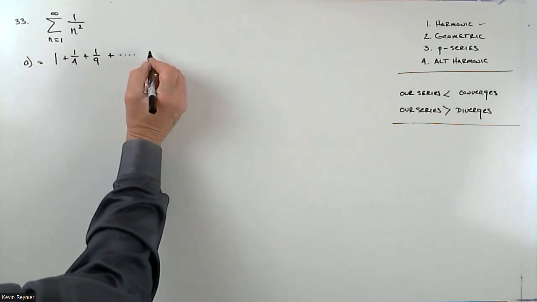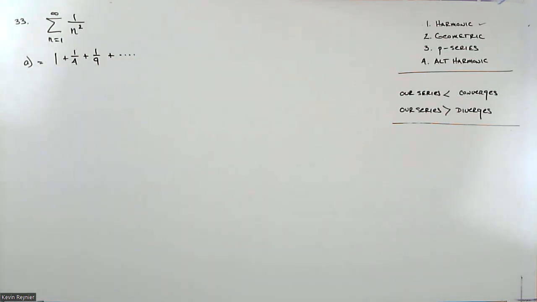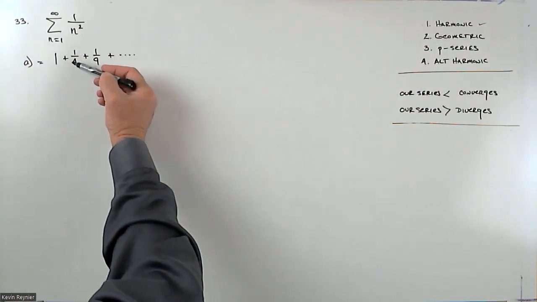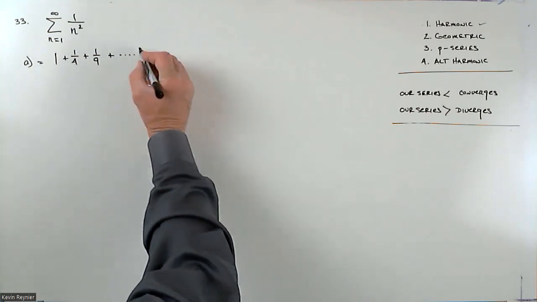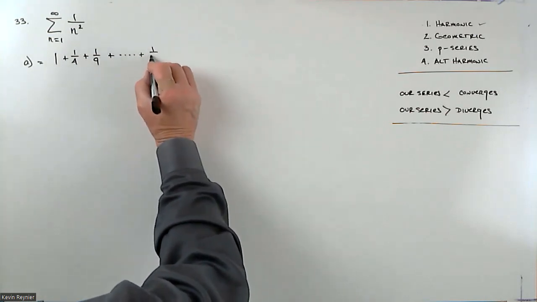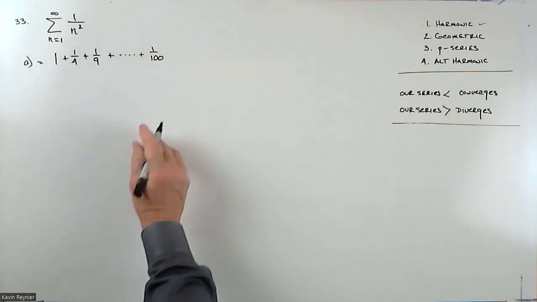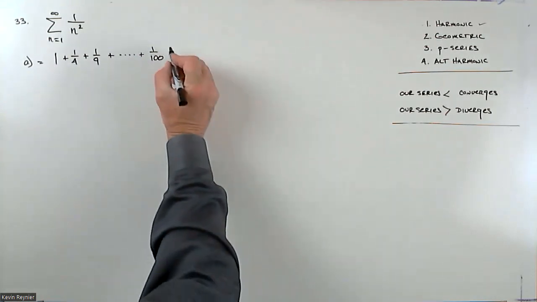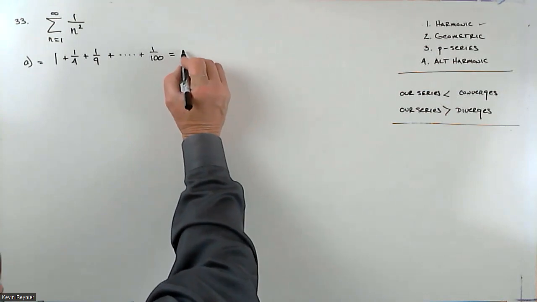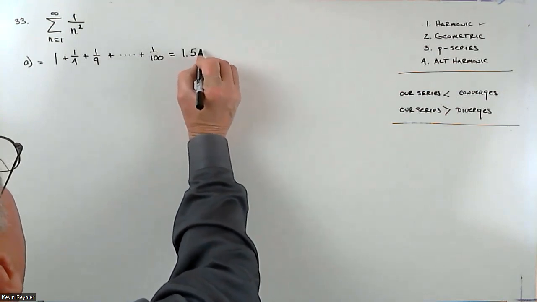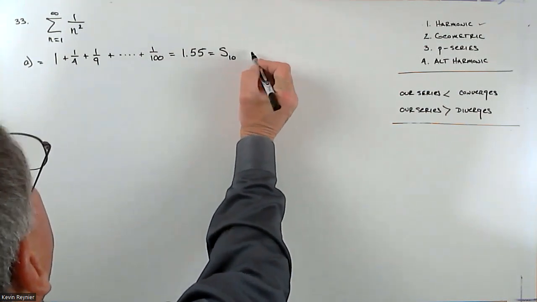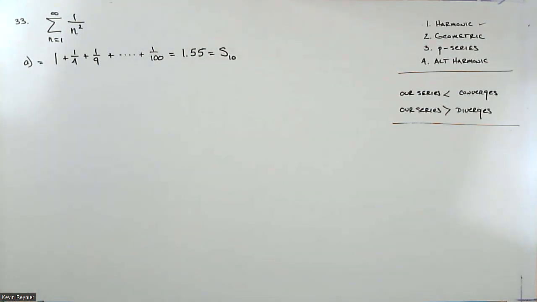And we're going to go all the way to the first 10 terms, so we put 10 in here, and we get 1 over 10 squared, which is 1/100. Now I already summed that up. That equals 1.55. So we came up with S sub 10, the 10th partial sum, and it's 1.55.